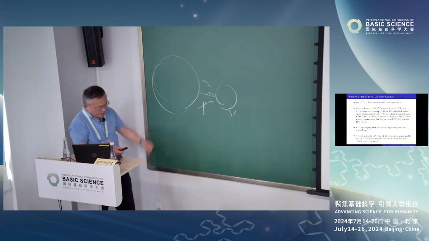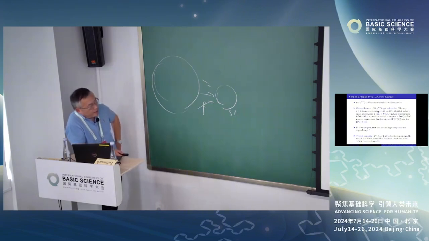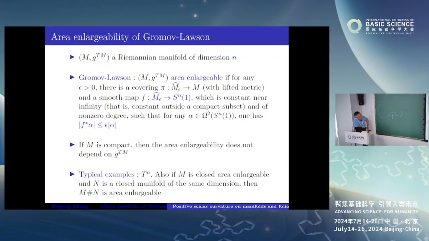And of course the product of circles, the torus, is also enlargeable. Also, if you have an area enlargeable manifold, then the connected sum with any other closed manifold of the same dimension is also area enlargeable.